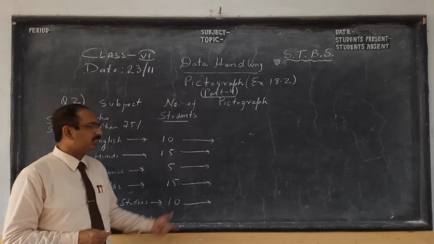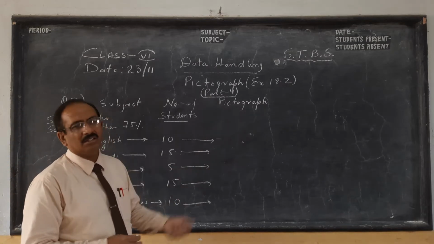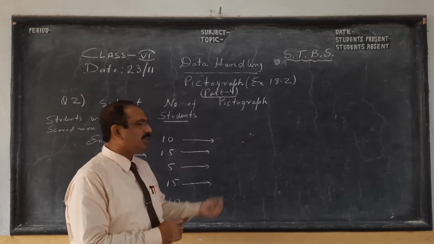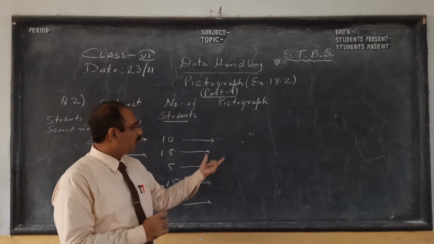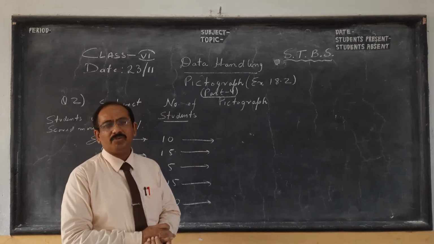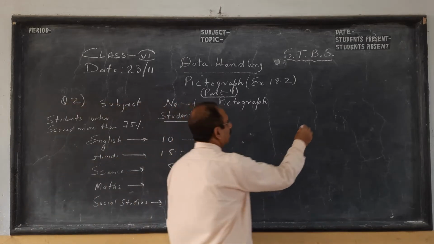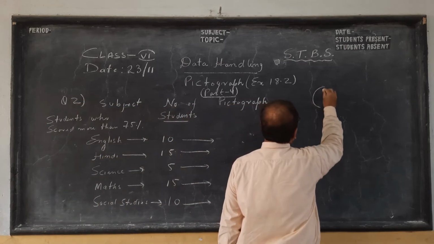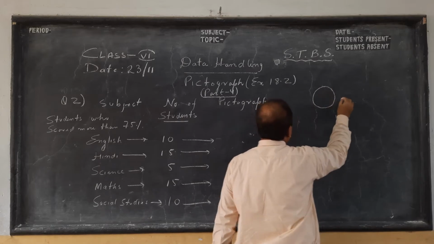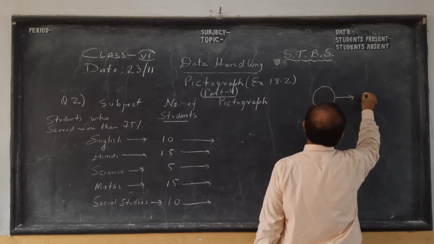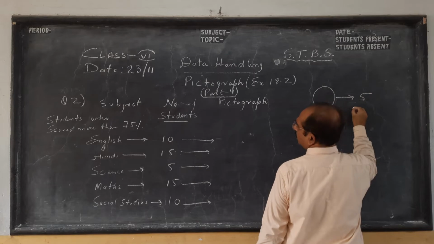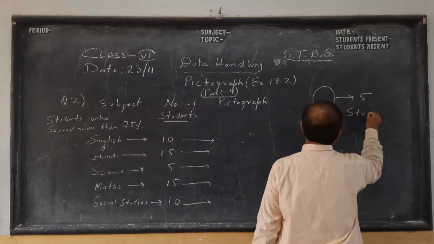If you see books, children, they draw various things, various shapes, but when you draw in a copy, children, I'll show you 2 methods over here. So we have to see what can be done easily, what is more practicable. So let one circle represent 5 students.